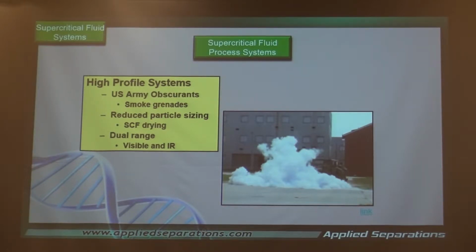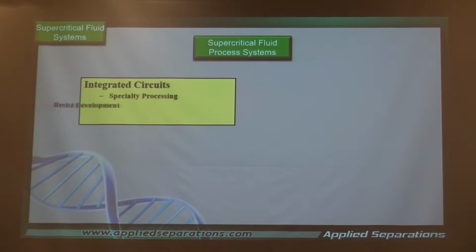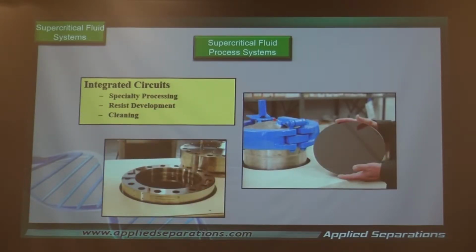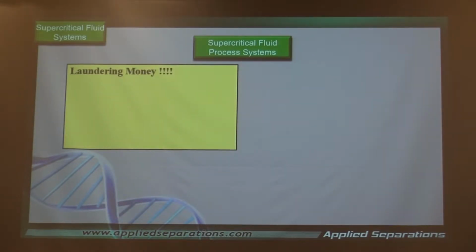We can also deal with different frequencies. We can deal with the IR, for example taking very finely divided flakes of aluminum and coating them, all of this being done supercritically. Specially integrated circuits.